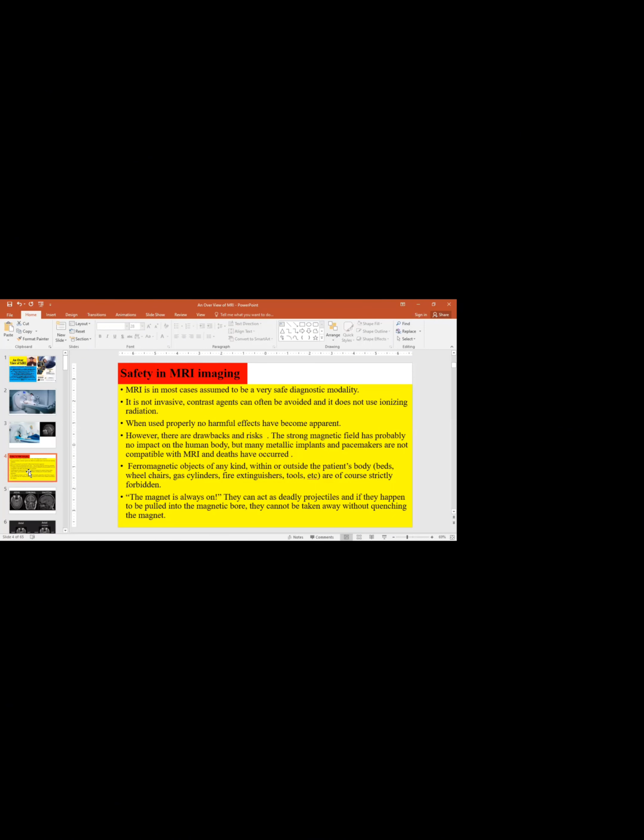So ferromagnetic objects of any kind within or outside the patient's body, such as beds, wheelchairs, gas cylinders, fire extinguishers, tools, etc., are of course strictly forbidden. The magnet is always on, and they can act as deadly projectiles, and if they happen to be pulled into the magnetic core, they cannot be taken away without quenching the magnet. We have to quench the magnet to release those structures.